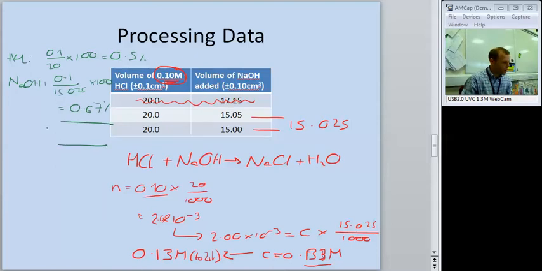So my total uncertainty that I've been working with is going to be 1.17%, and that means I can quote my final answer with its uncertainty, 0.13 molar plus or minus 1.17%. I should convert that to the same unit, so 1.17% of 0.13 is going to be 0.13 plus or minus 1.55 times 10 to the minus 3.